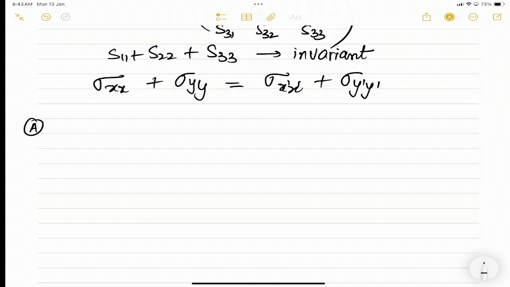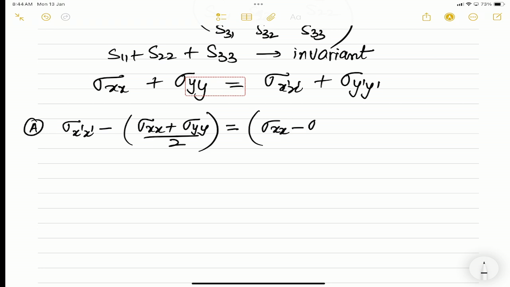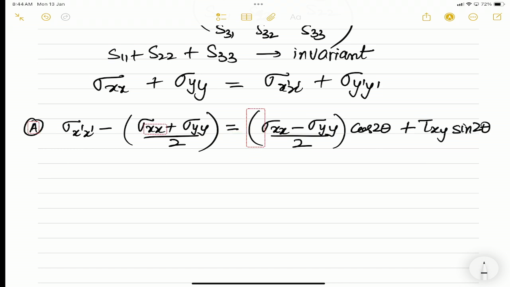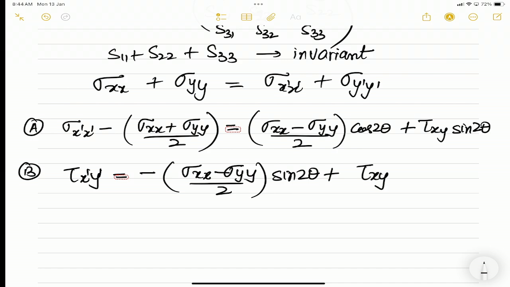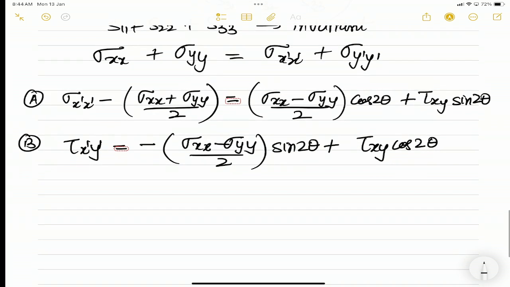So now, A can be rewritten as sigma x prime minus, and B can be written as, I've just taken in A, I've taken things on the left hand side.